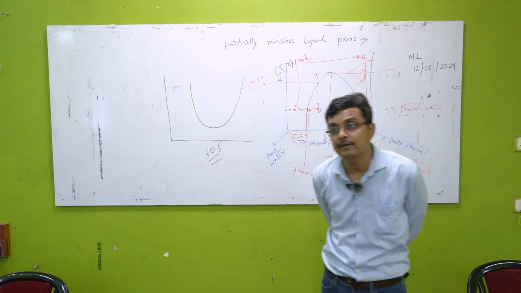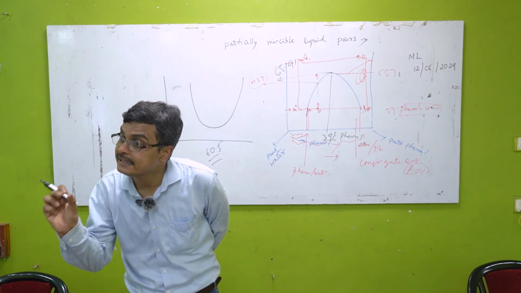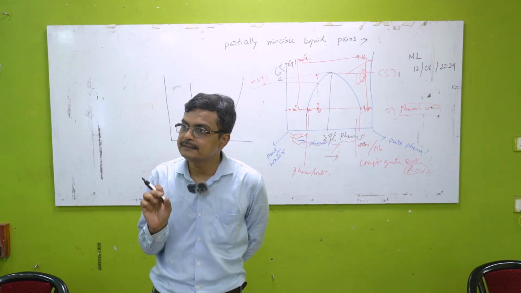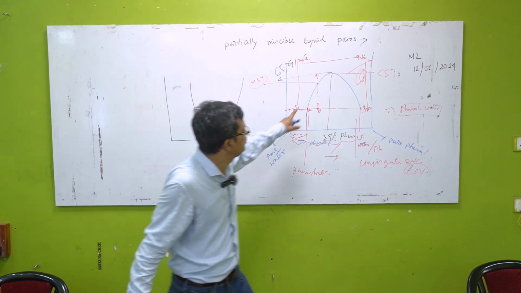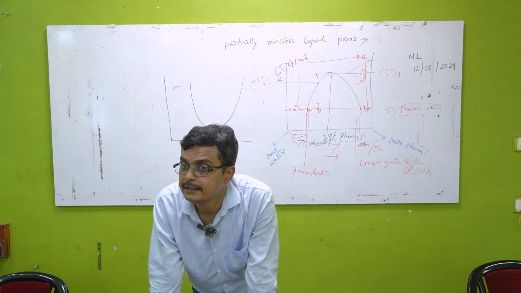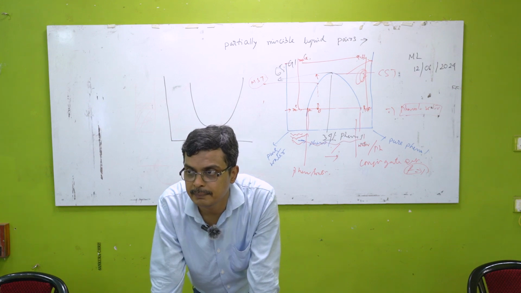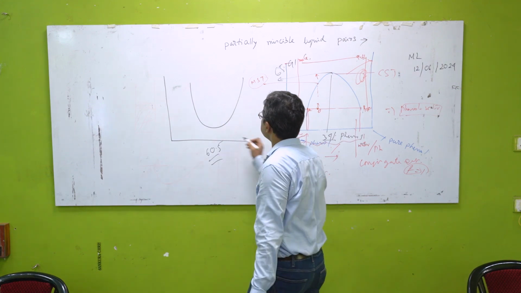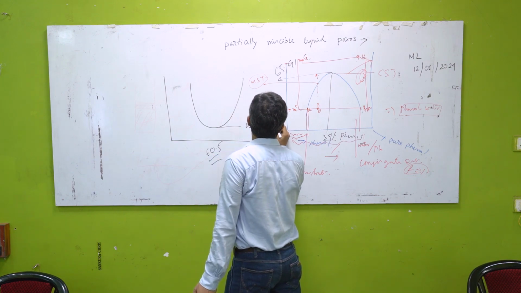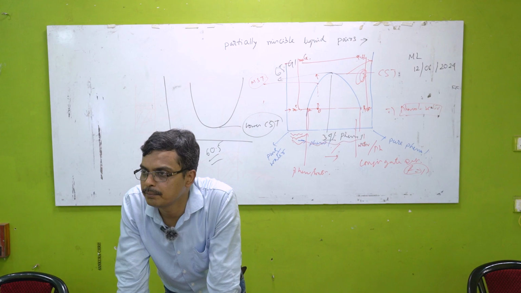In the phenol water system, the mutual solubilities increase with temperature, and you get this type of diagram, and when mutual solubilities decrease with temperature, we get the just opposite of this diagram. This is called lower CST, lower critical solution temperature.